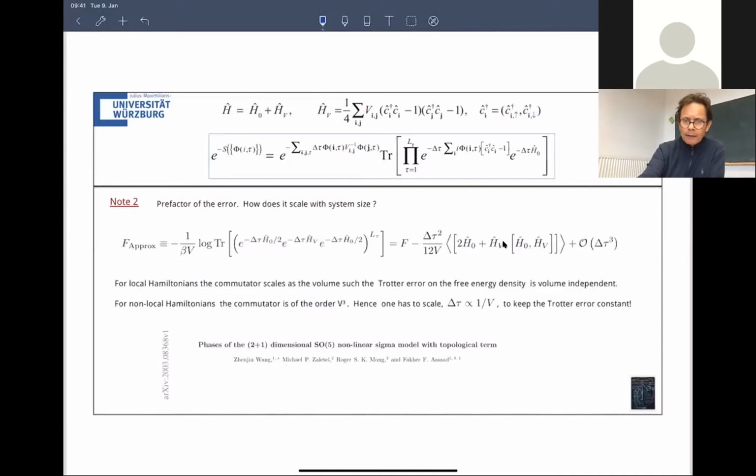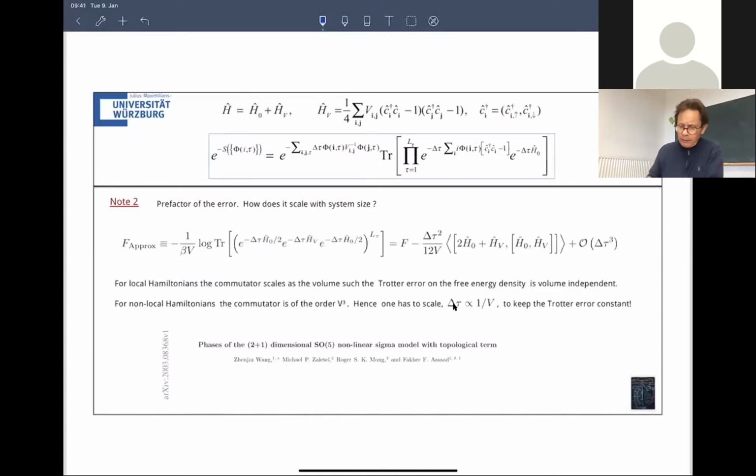This is like volume times volume times volume. You divide by the volume, so you have 1 over volume squared. And you see that for some Hamiltonians which are non-local, the Trotter step has to scale as 1 over the volume to be able to keep the accuracy constant as a function of the system size. So that is a problem, and you have to be very careful about this.